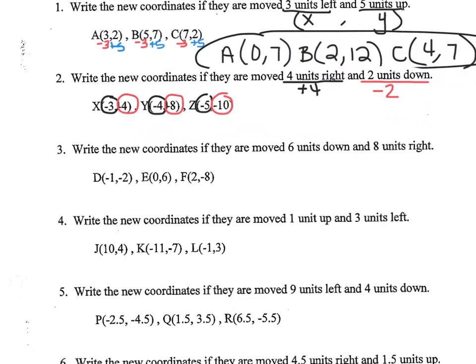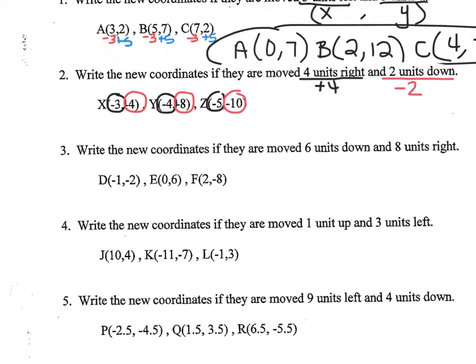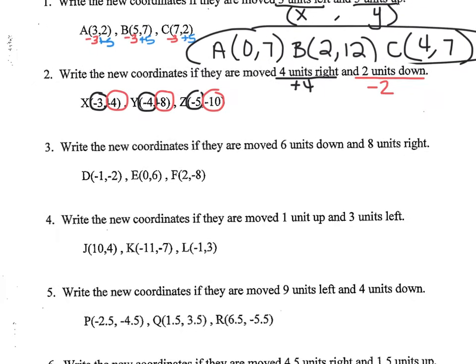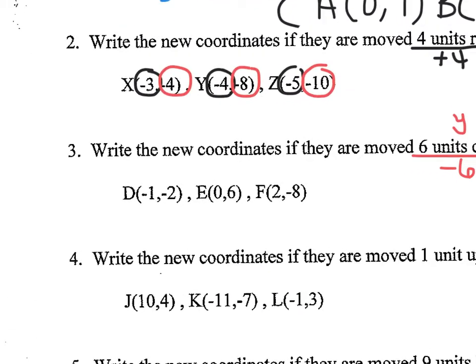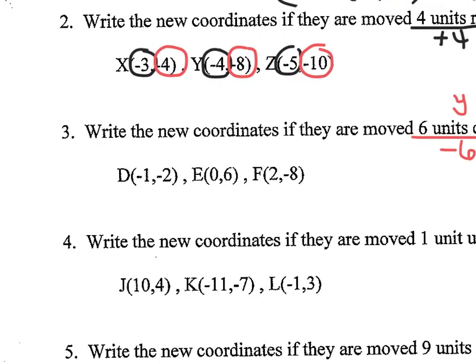Now 3 is where they kind of flipped everything around. They said they moved a coordinate 6 units down. That's the y value. So going down, like we said, that would be subtracting. So minus 6. So I'm going to go ahead and write that down on my y value so I don't forget it. 6 units down. So I'm going to say minus 6 from every single y value.